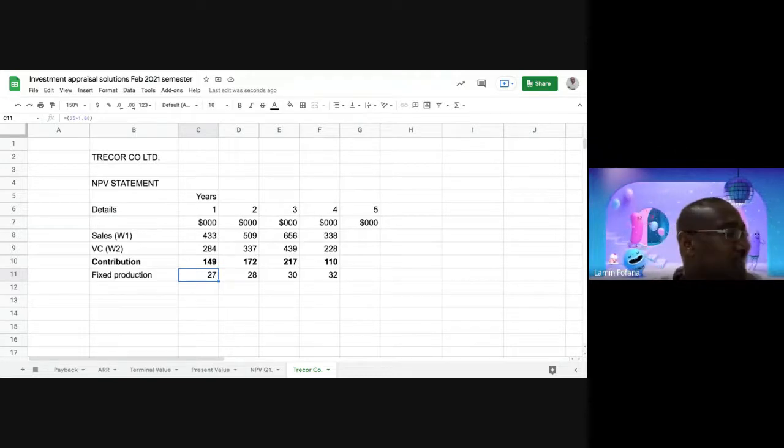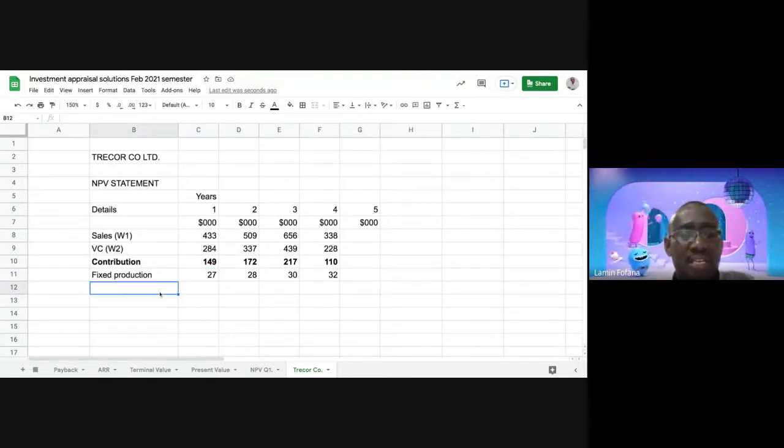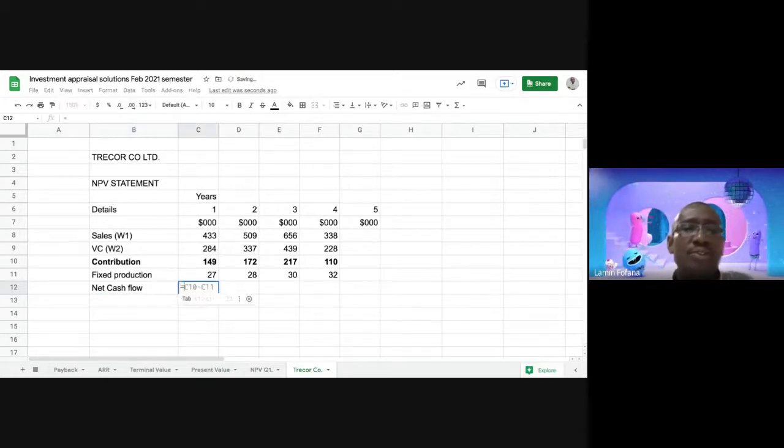Now, after the fixed production overhead, what we should have is our net cash flow. Our net cash flow will be the contribution minus this. Can you see?